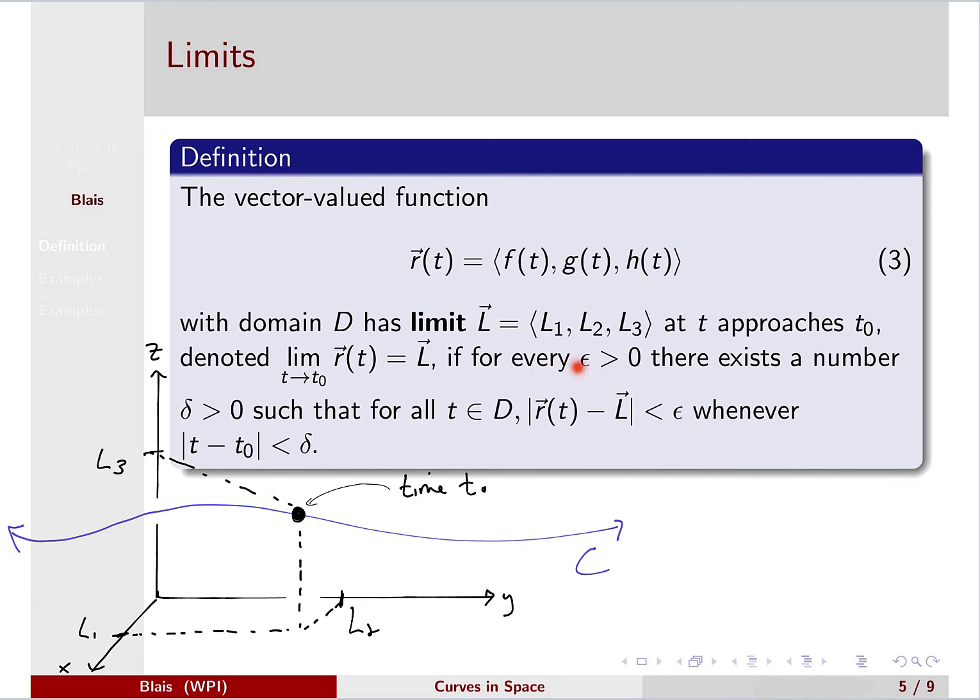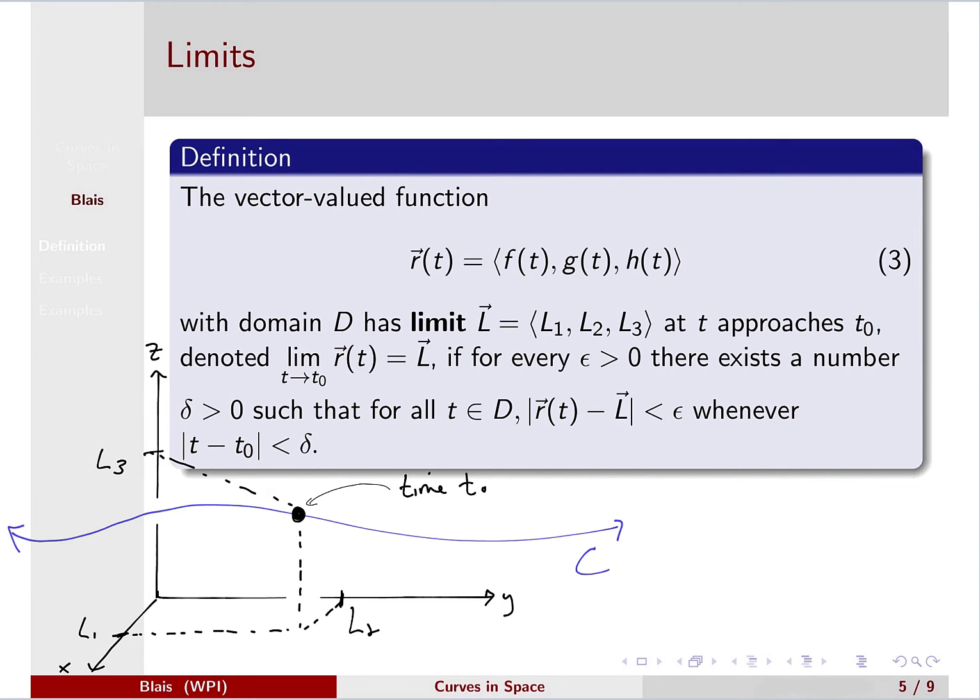If we're given an error tolerance epsilon greater than 0, what we want is the distance between the point r of t and the point L to be smaller than epsilon. Well, what does that mean? Think of this as points. The distance between 2 points is smaller than epsilon.